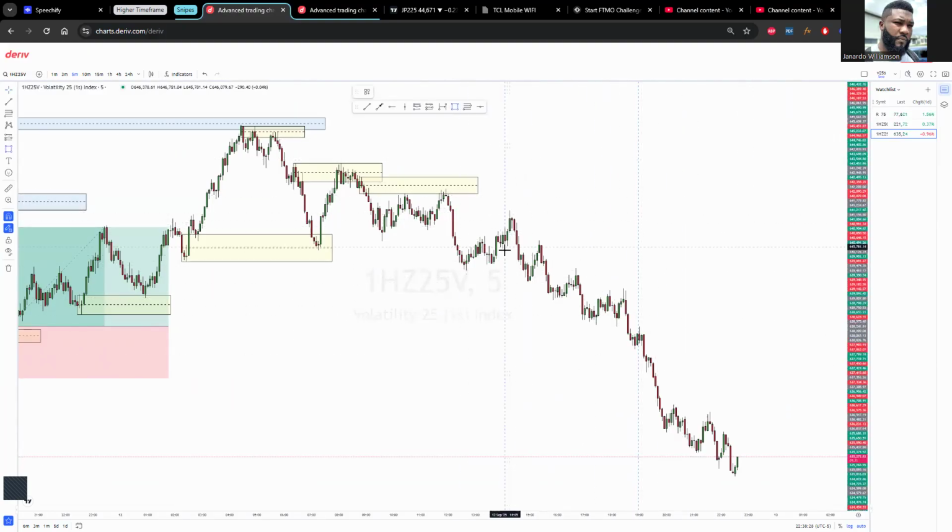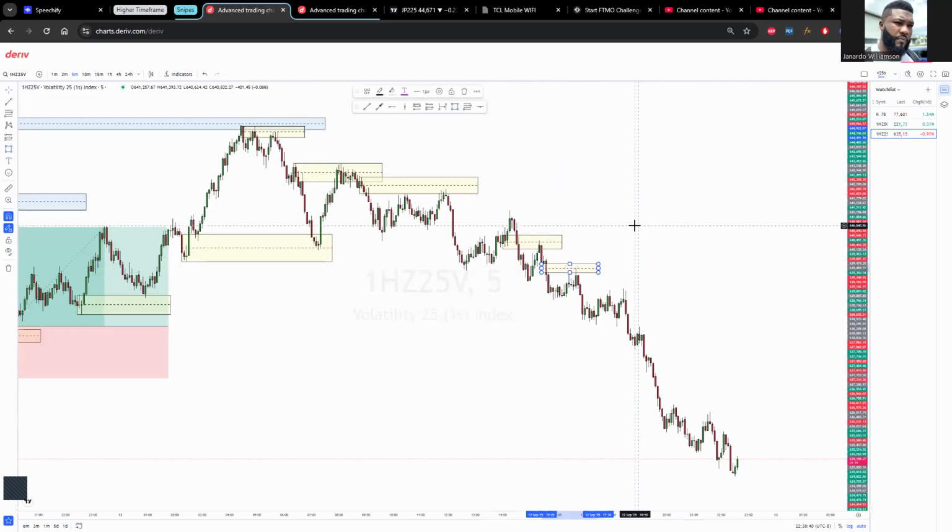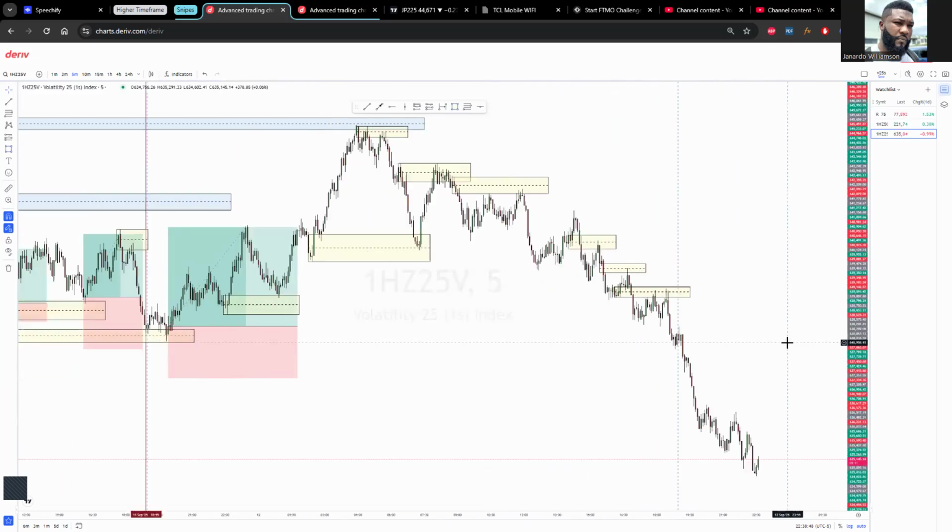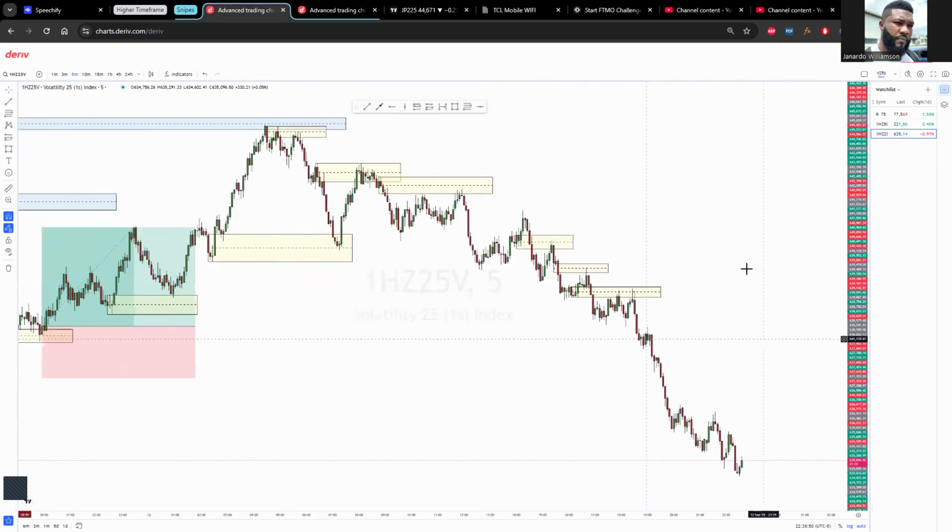Some of the time you're not going to get many entry opportunities. This one tested this breaker block, and this one tested a fair value gap here, and we just melted. This one came back to this small breaker here, and we just melted.